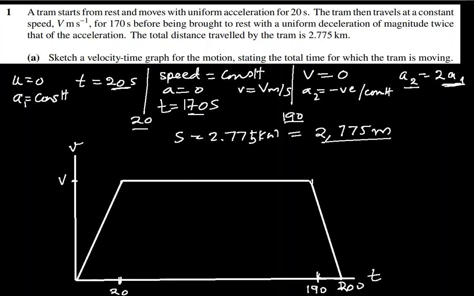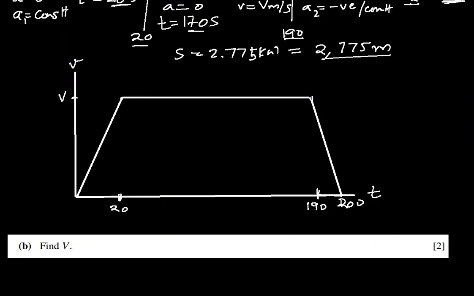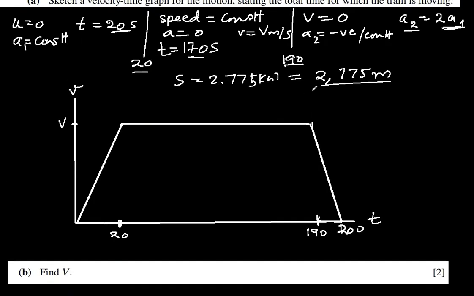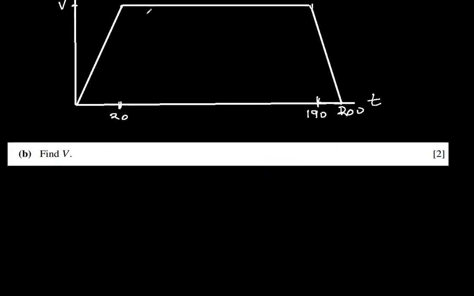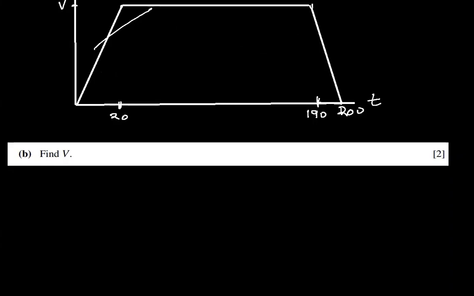Let's go to the second part. Find the value of v. They are saying that the total distance traveled is 2,775, so the area under this curve, this whole area, has to be 2,775 meters. It's a trapezium. What is the area of a trapezium?